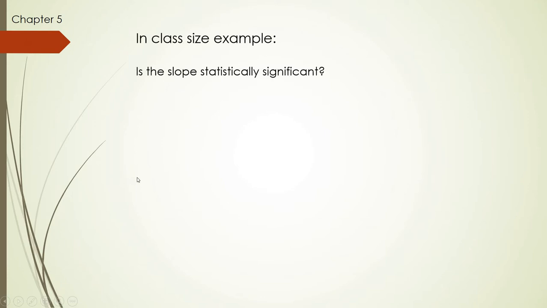So, in the class size example, the question will be: is the slope statistically significant, meaning beta 1 hat? So, we will make two-sided tests for beta 1 hat. And it goes like this.